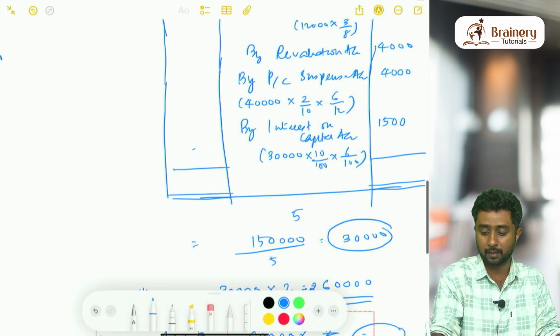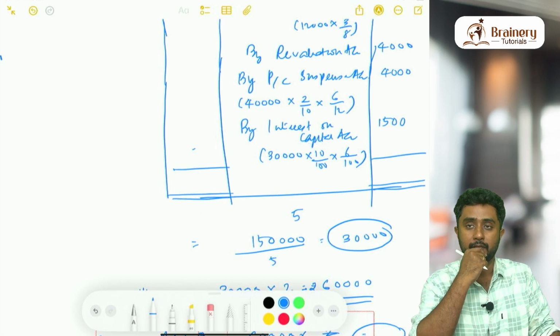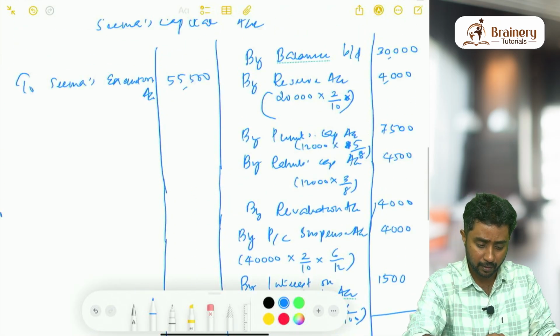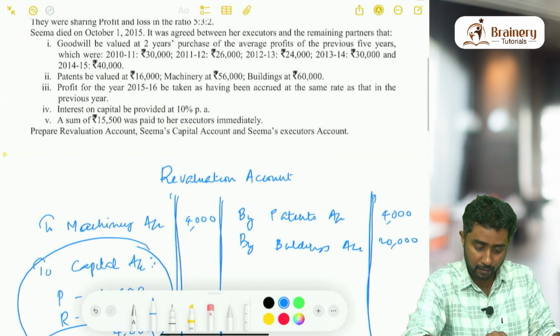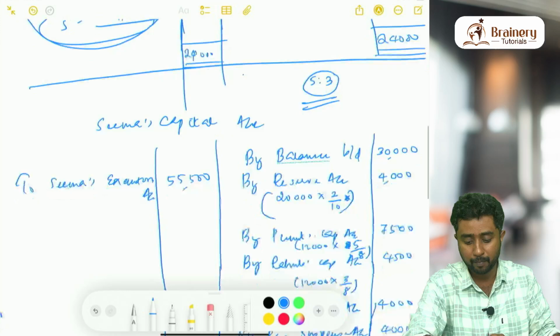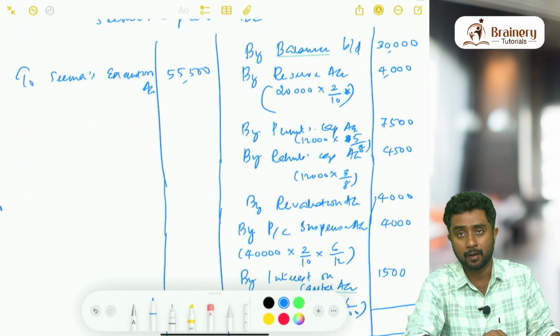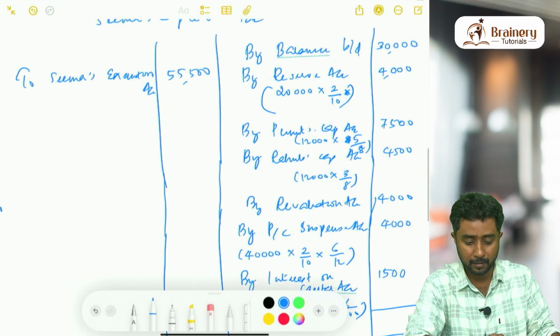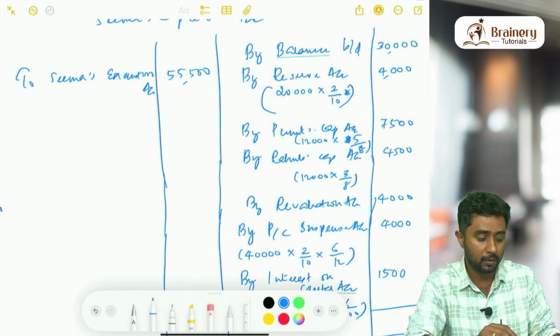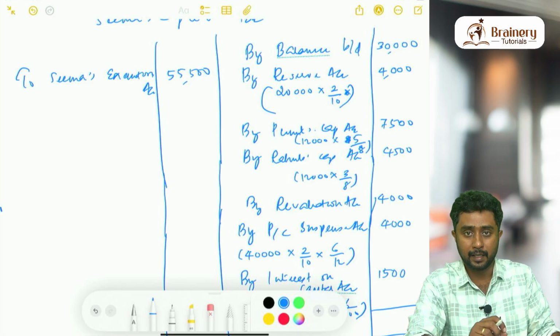Those who have doubt, they are talking about paying 15,500 immediately, right? The 15,500 payment is happening immediately, but they are not saying anything about that payment. You must be thinking, why are we not recording the payment here? It is a case of death of a partner.